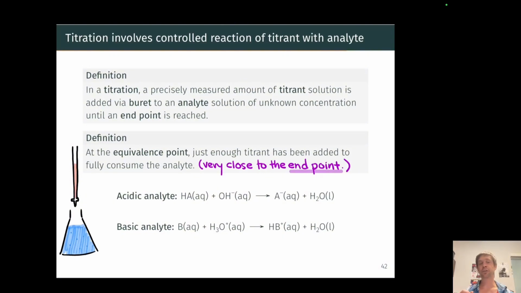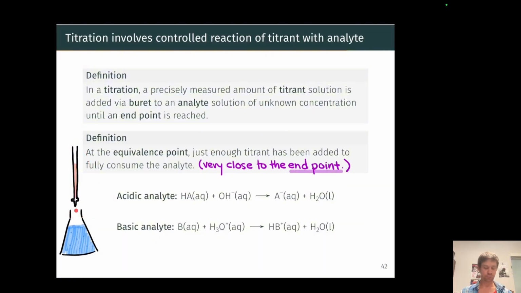Now, in a titration, we're specifically doing a reaction in solution and dripping one solution of one reactant into a solution of the other reactant in a highly controlled way that allows us to measure volume very precisely. So we use a special piece of glassware for this that's a very long, thin tube with graduations. It's called a burette. And in the burette sits the known solution, what we call the titrant.